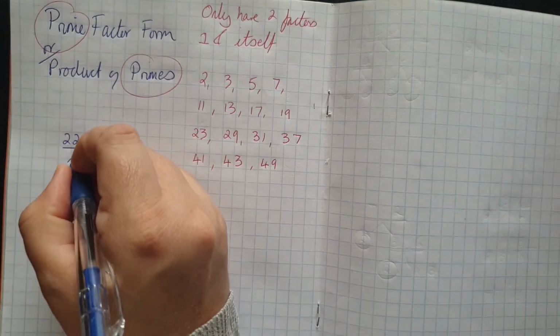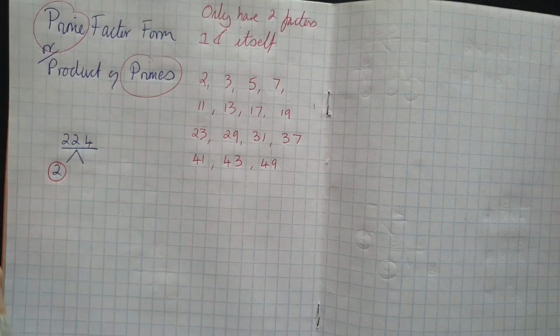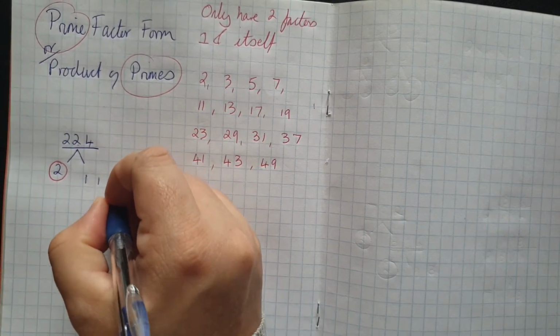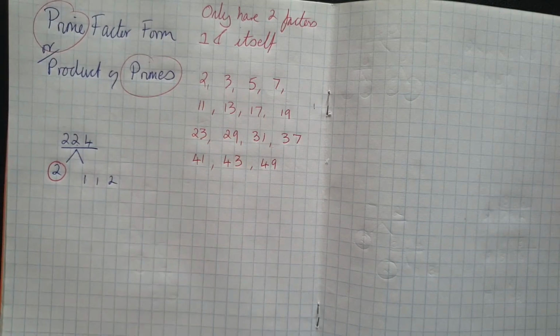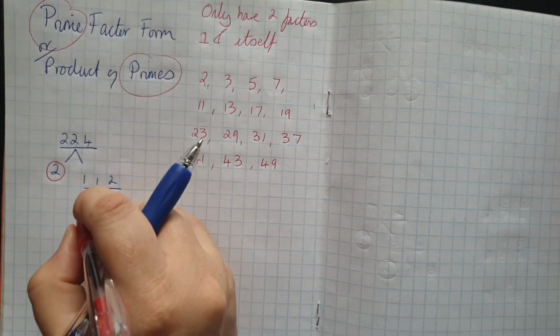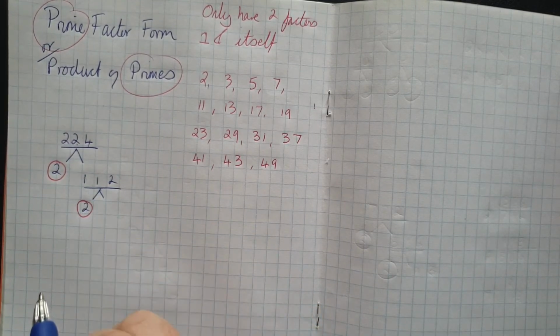Now it's an even number, so immediately I can pull 2 out. 2 is a prime. How many 2's in 224? 112. Oh, 112 is another even number. I can pull 2 out again. That's a prime. How many 2's in 112?